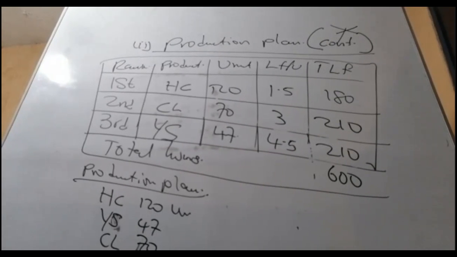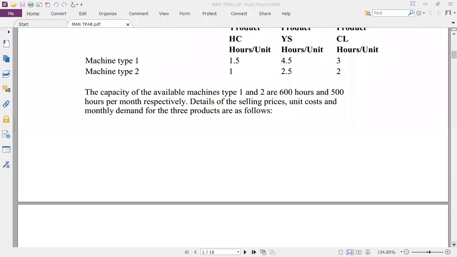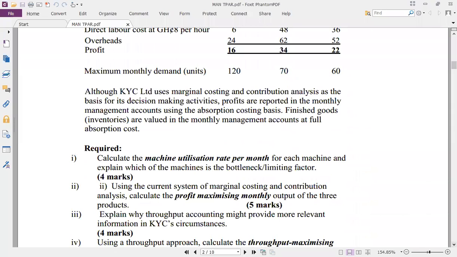Now let's see the next question. Now the next question is saying explain. That one I'll still leave it for you because it's in question 1.